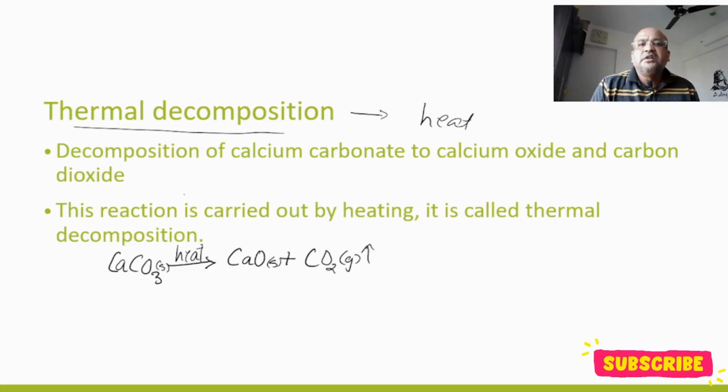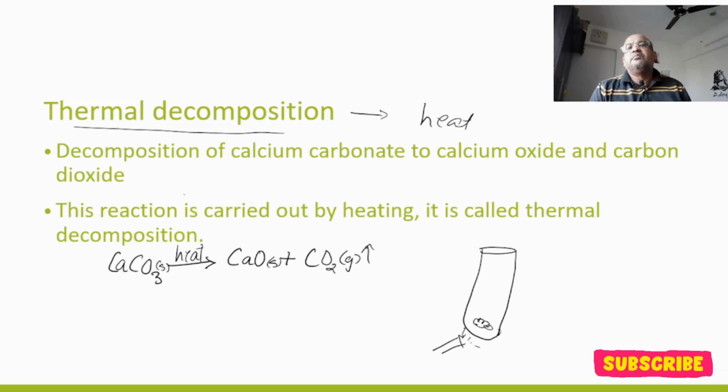Let's take a simple example of calcium carbonate. We need to take a hard glass test tube, take calcium carbonate in it, and heat this test tube with a burner. When we heat calcium carbonate, we get calcium oxide, and carbon dioxide gas is released.